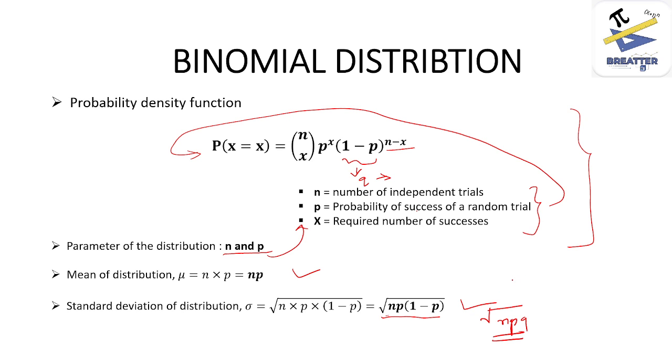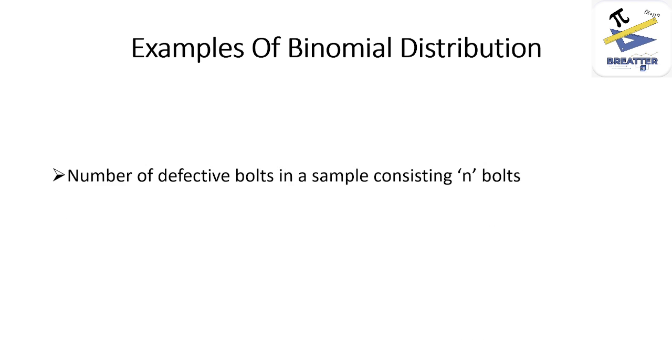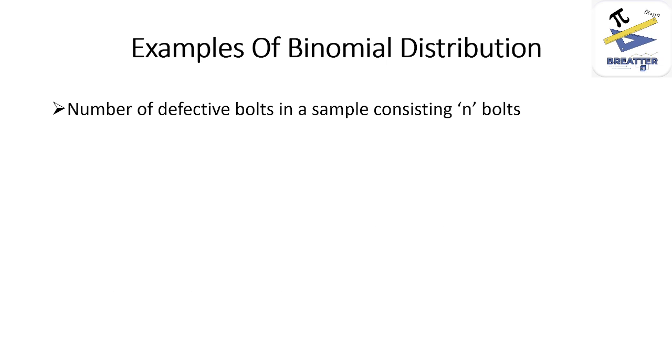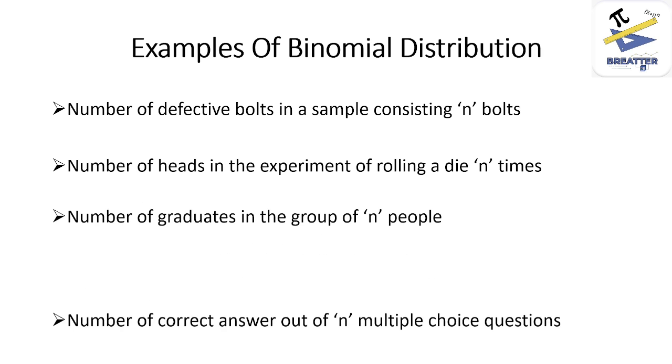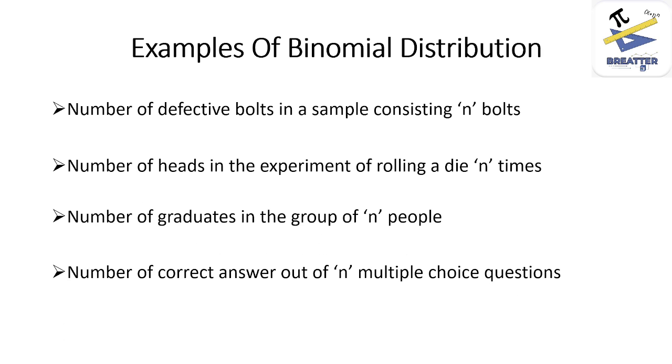Now we have the question, what are real-time examples of binomial distribution? First, the number of defective bolts in a sample consisting of n bolts. In this type of problem we are given the probability of a defective bolt. In a given population there are some number of bolts, let's say 2% of bolts are defective.